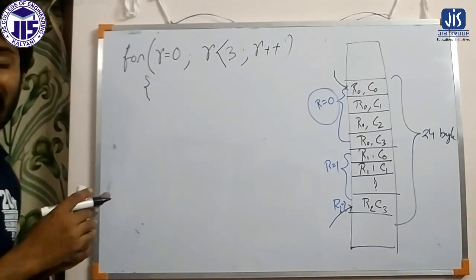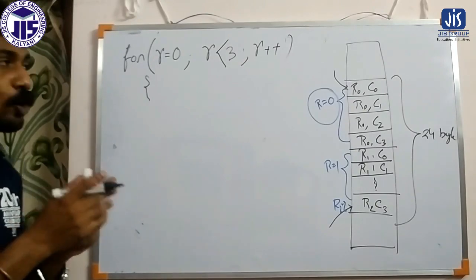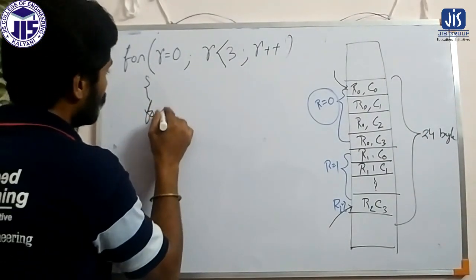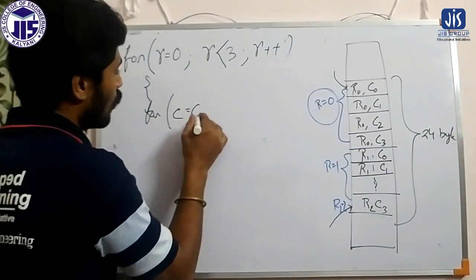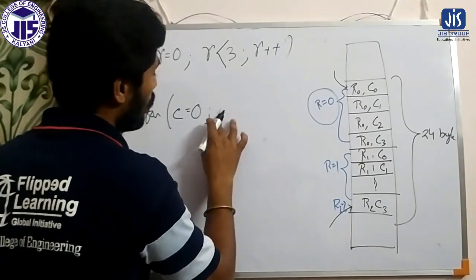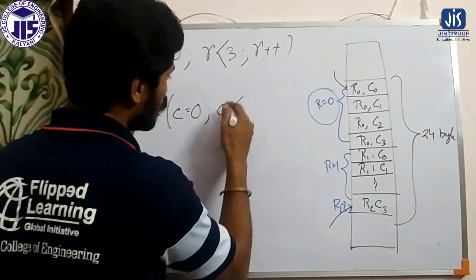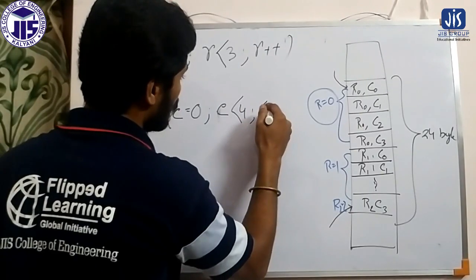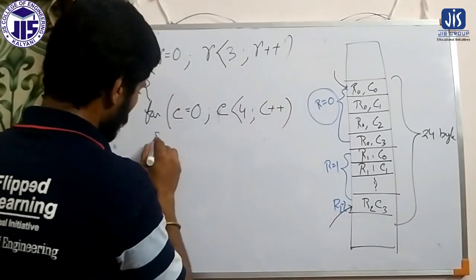Inside it we use another for loop representing the column. Here we take the variable C representing the column. How many columns do we have? We have 4 columns, so it should be C less than 4, C plus plus.